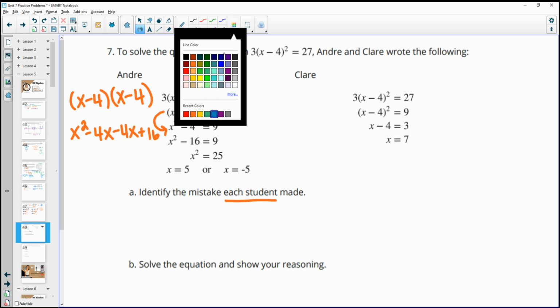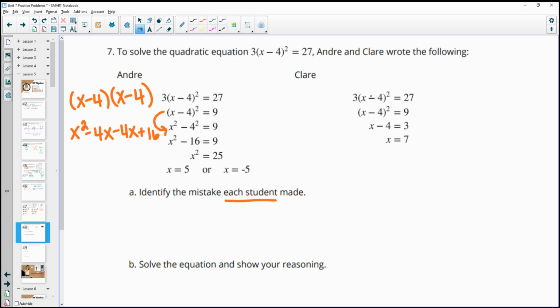And then when we look at Claire's, okay, so Claire did the same first step as Andre, dividing by 3. So that was fine. So she isolated the squared part. Then when she went from here to here, she's got rid of the squared, but she says that x − 4 has to equal positive 3.